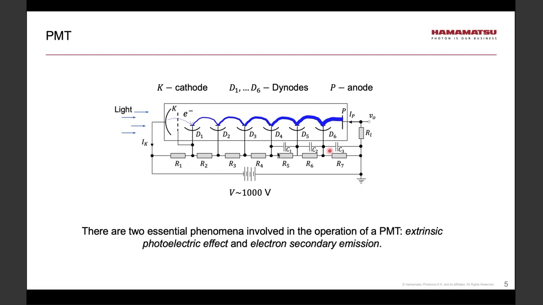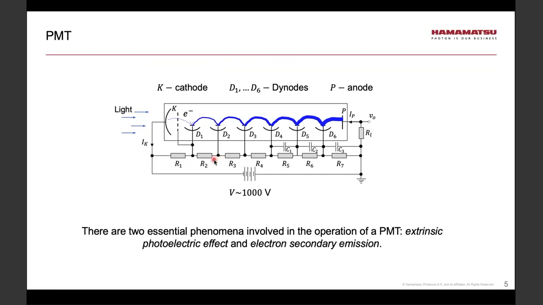Please note that all these components in a PMT must be at some electrical potential, and these potentials are supplied with, in this case, a resistive voltage divider. There is one power supply, and that input voltage, which is on the order of 1,000 or so volts, is divided by a sequence of resistors.